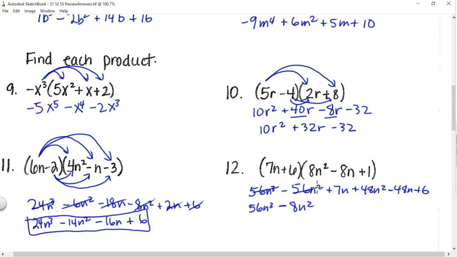Okay, and then so we can cross those off. For the n, we have the 7n and negative 48n. Combine those, we get negative 41n. So we cross those off, and then all that's left is the plus 6, and that's it. We've got that one done.